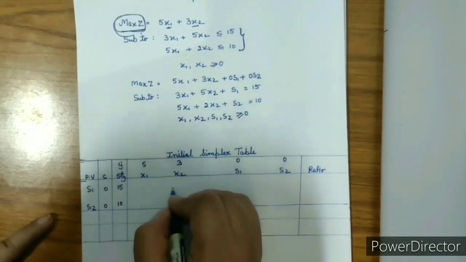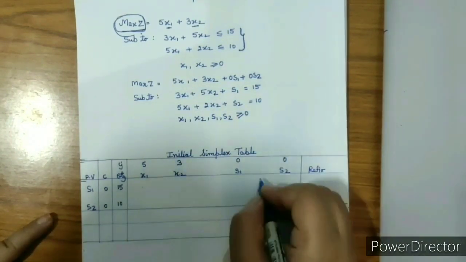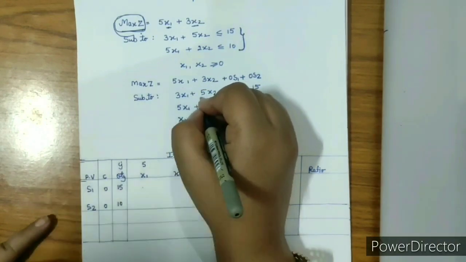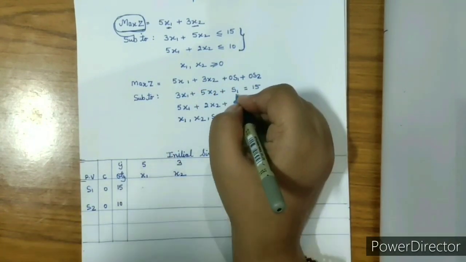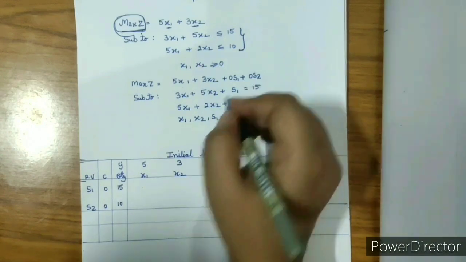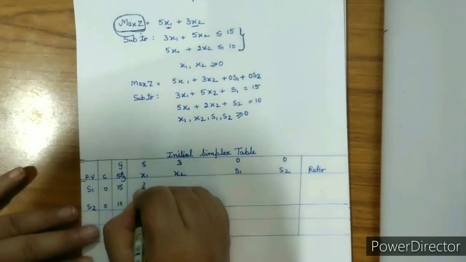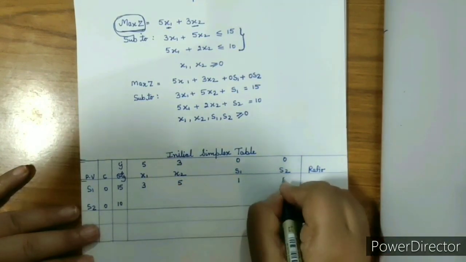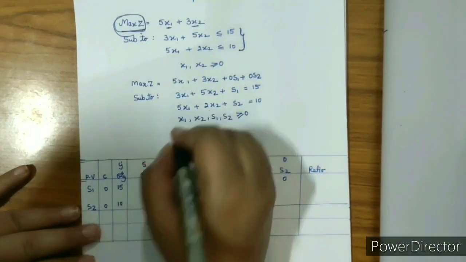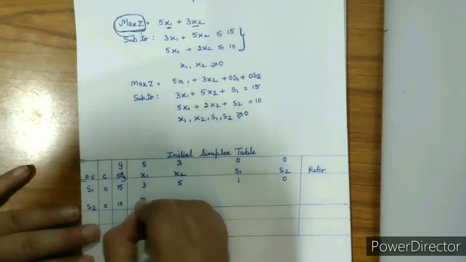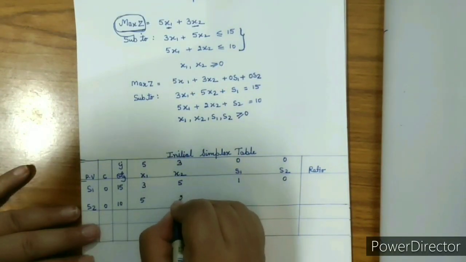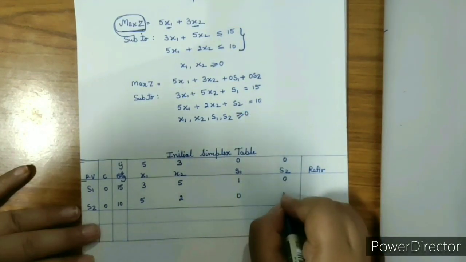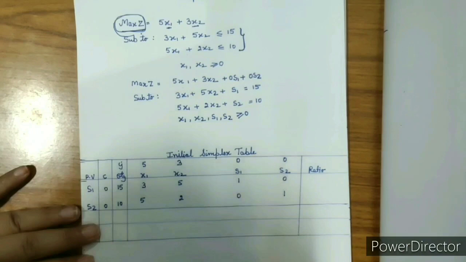Then we write the coefficients of the first equation: for x1 we write 3, for x2 we write 5, for s1 we write 1, and for s2 0. In the second equation, the coefficients are 5, 2, and s1 is not here so we write 0, and s2 is 1.